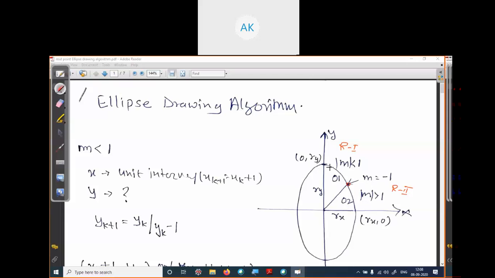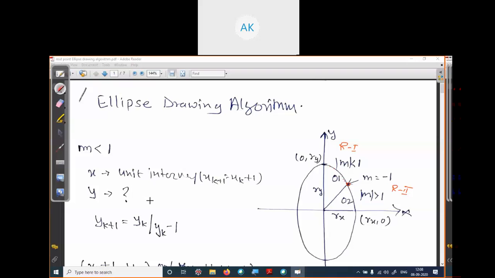Based on these slope values, we calculate the intermediate points. When the slope is less than 1, as we have seen in the line drawing algorithms, we move x with unit interval and calculate the corresponding value of y.